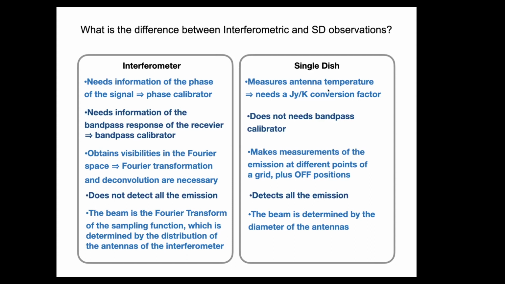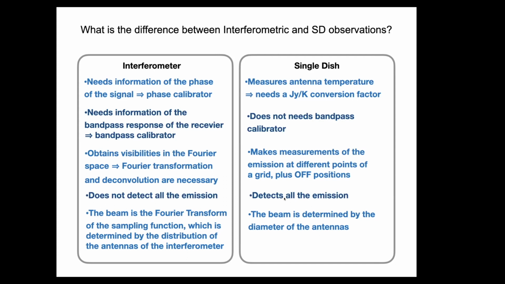For the single dish, one measures the antenna temperature, and then one would need to convert that into Janskys, for example, using a Janskys per Kelvin conversion factor. And also, there is no necessity of having a bandpass calibrator, and the measurements are done by pointing the telescope at different locations on a grid, and then one would also need to observe an off position as a reference to remove the contribution from the instrument and the atmosphere and other signals that one wants to remove from the observations.